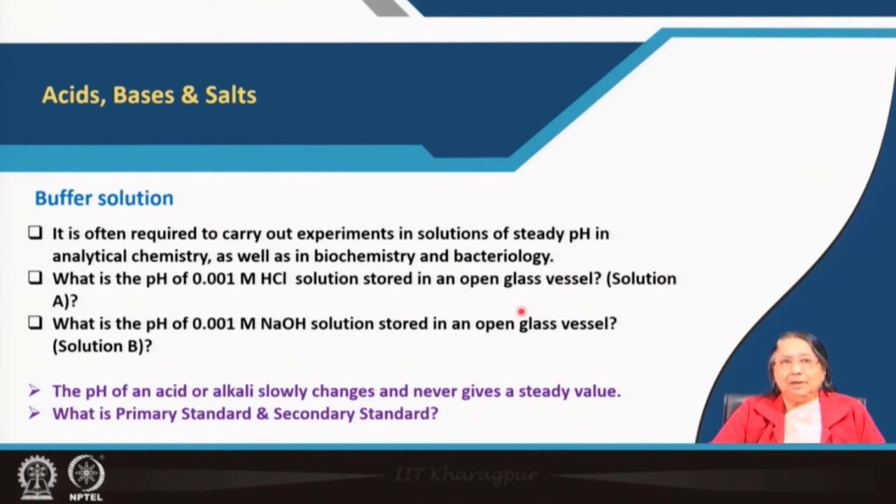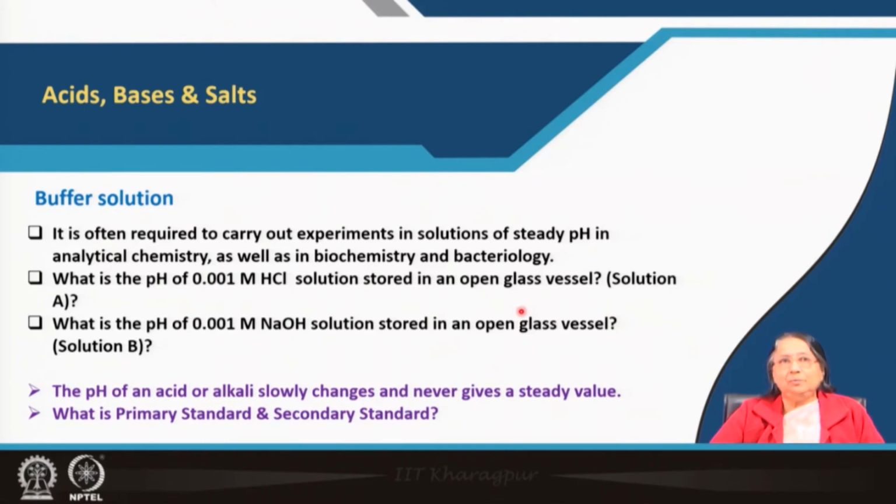Sometimes, because it is an open glass vessel, carbon dioxide or ammonia may come from the atmosphere and dissolve in the water. So, it has an effect and it will change the pH. That means pH will not be constant, with time it will change. That is why they are not primary standard or secondary primary standard.